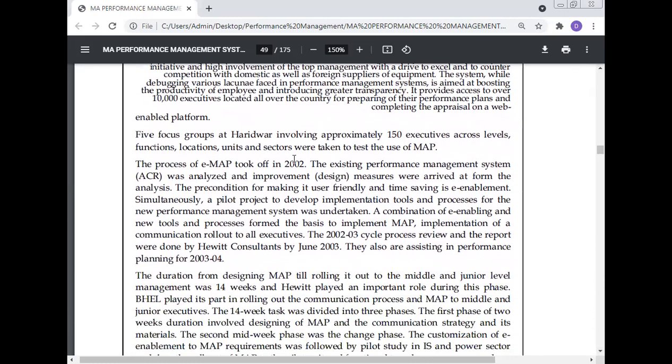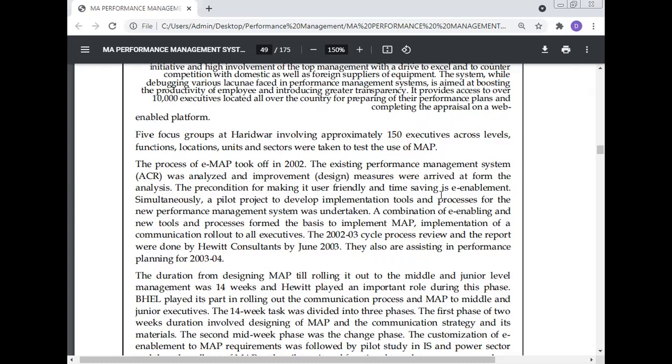Five focus groups at Haridwar involving approximately 150 executives across levels, functions, locations, units, and sectors were taken to test the use of the EMAP. The process of the EMAP took off in 2000. The existing performance management system was analyzed and improvement design measures were arrived at.